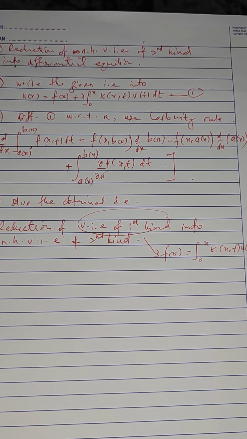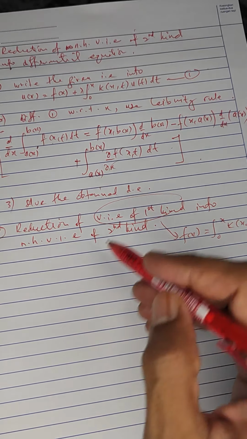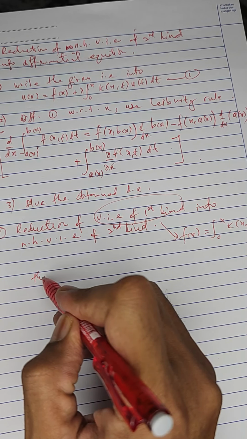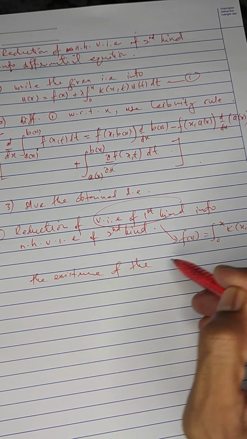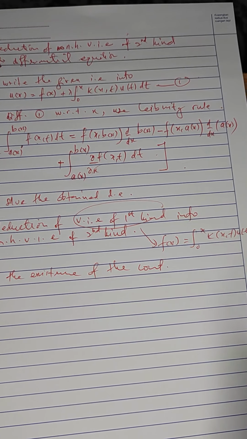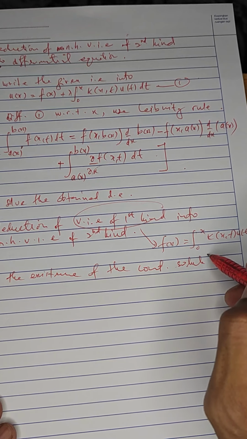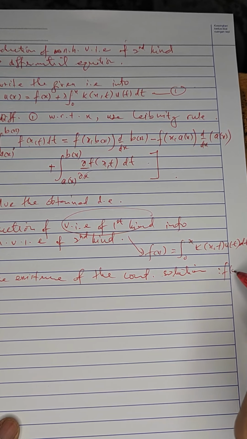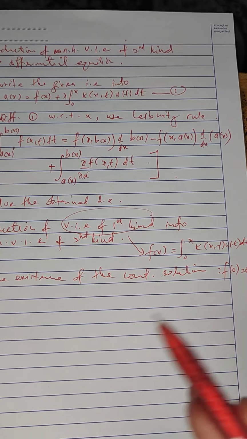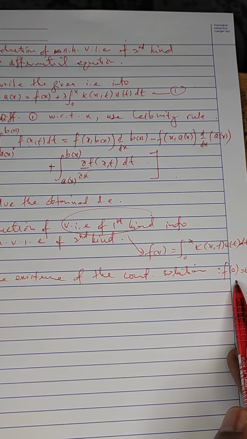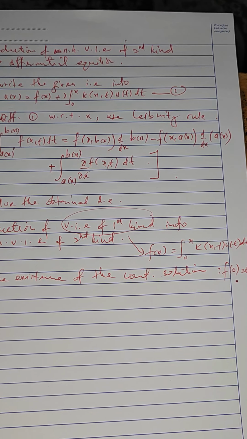Basically this is given as f(x) equal to the integral from 0 to x of k(x,t) u(t) dt. The existence of the continuous solution is guaranteed by the condition that f(0) must be 0. To guarantee the existence of the continuous solution of the Volterra integral equation, f(0) is equal to 0.